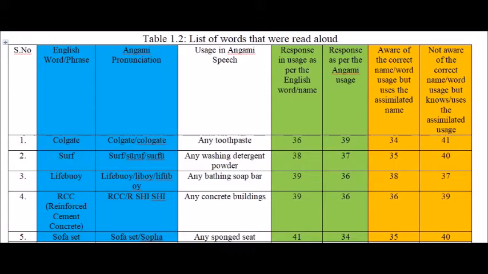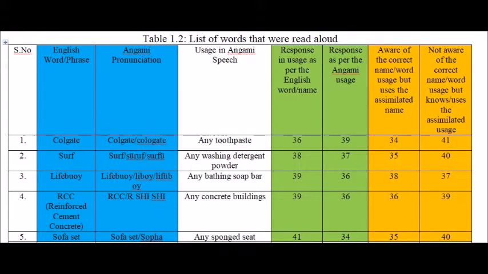The first blue color column has the list of words that we have read, and the second column in blue color is what they have repeated in the Angami pronunciation. The green color column shows how many responses are similar to English pronunciation. The second green color column is the representation of how the word is pronounced using Angami style.